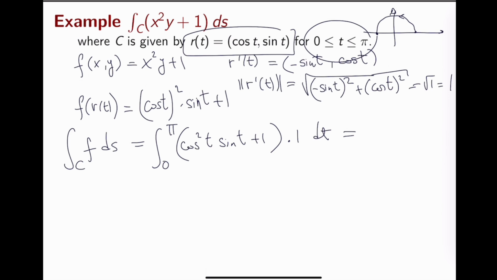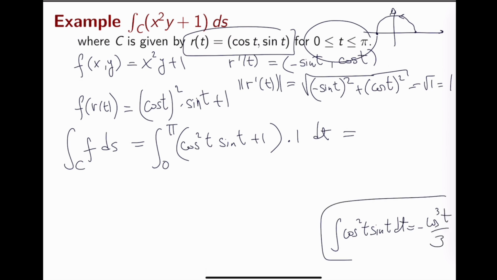Okay, so let's calculate this integral. In order to calculate the primitive of cosine squared of t sine of t, we can do a change of variable, and by doing that we get that the integral of cosine squared of t sine of t dt is just minus cosine cubed of t over 3.